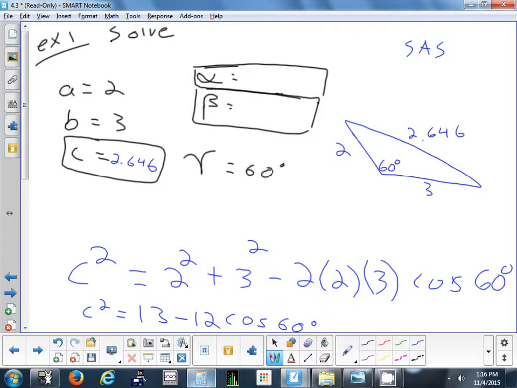You could look at it as side, side, side. Or what's one other way you could look at it? Side, side, angle. The first two, you'd use which law for? Cosine. How about the last one?